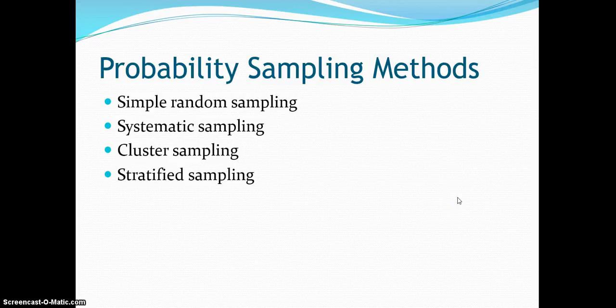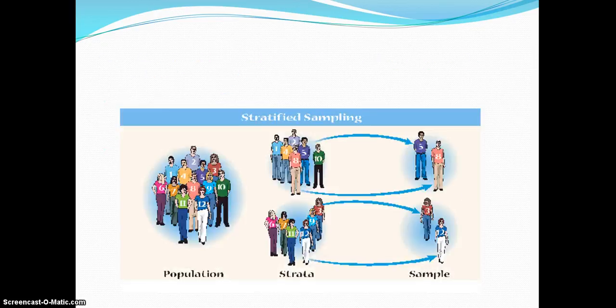So let me show you a visual image of stratified sampling. This is stratified sampling. When you have a population, you randomly select them into strata, and these groups are called strata, and from there you would choose your sample, and this is called stratified sampling.